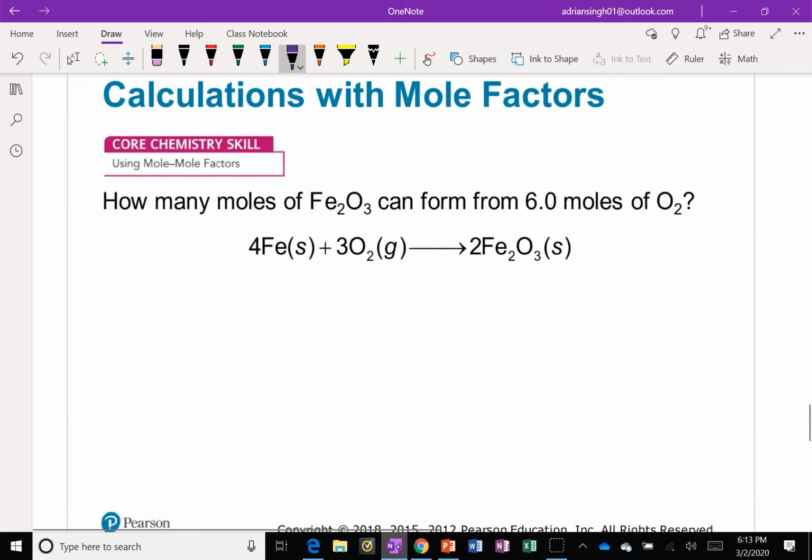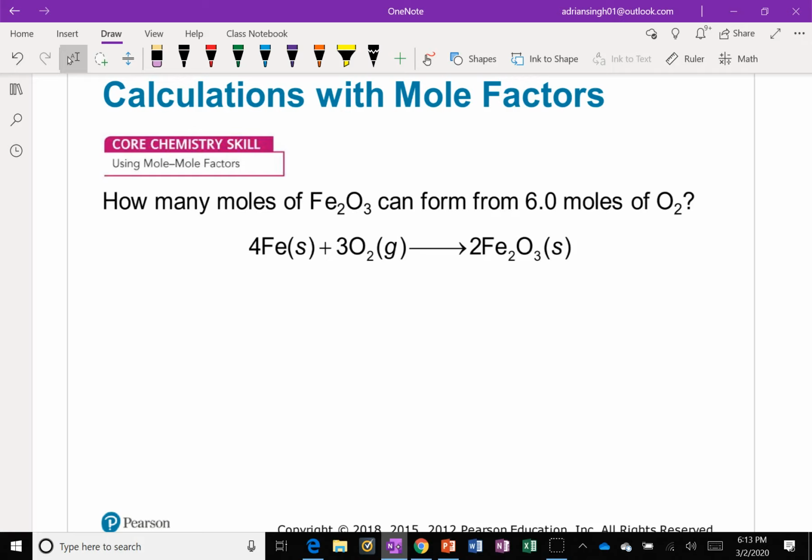Okay, so how are we going to use that information now? That's the most important part of this. How are we going to use the mole-to-mole ratio to get from one thing to another thing in a chemical equation? So here we're asked how many moles of Fe2O3, which is iron(III) oxide, can form from 6.0 moles of O2.